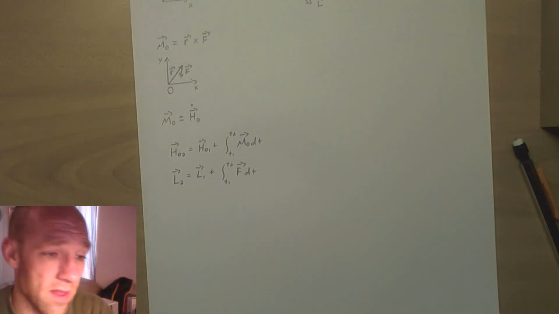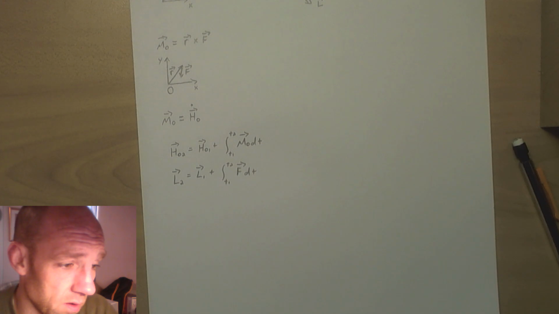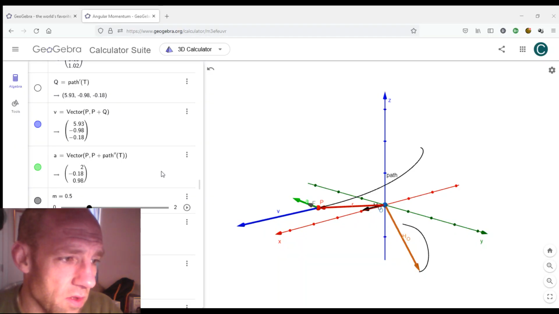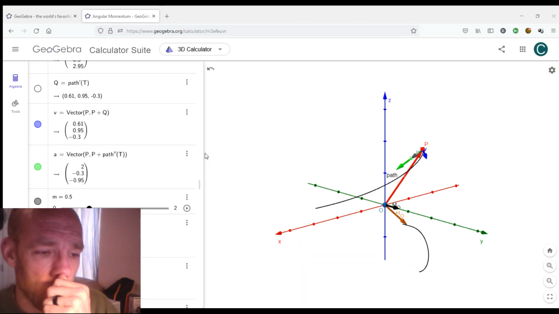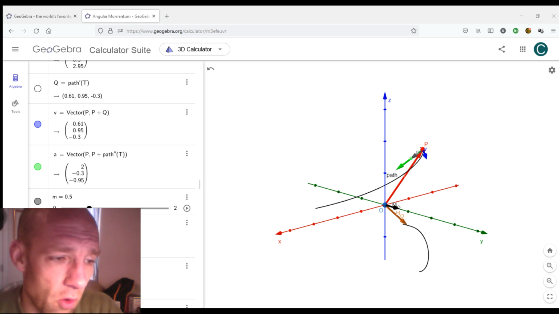So I have a 3D example of what this might look like. There's this pretty cool software called GeoGebra. I guess it's owned by Google now. It allows you to illustrate stuff like this.